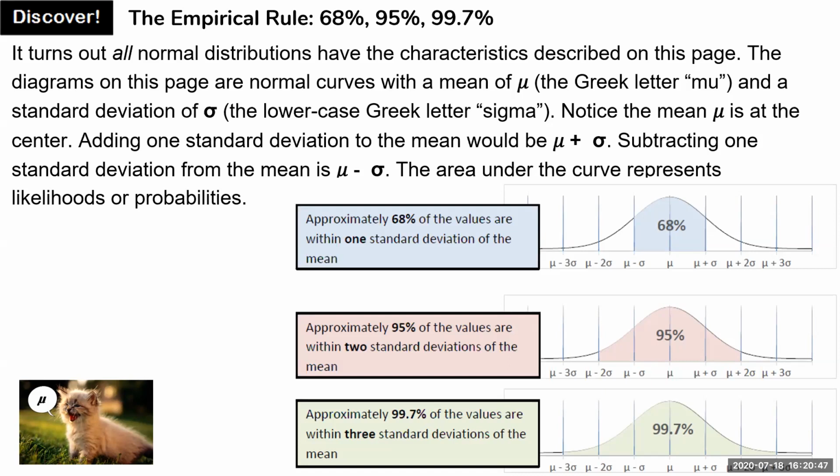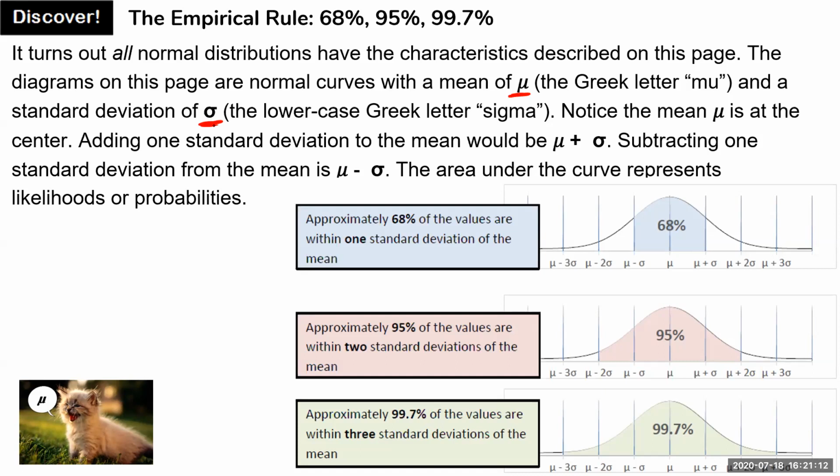Now it turns out that all normal distributions have the characteristics described on this page. The diagrams on the page are normal curves where the mean is represented by the Greek symbol mu, and the standard deviation is represented by another Greek symbol, sigma. Now notice the mean is at the center.